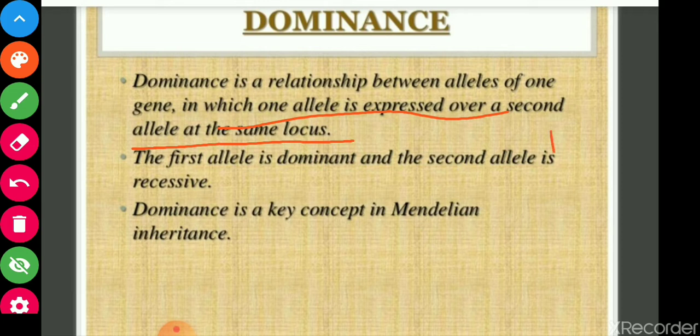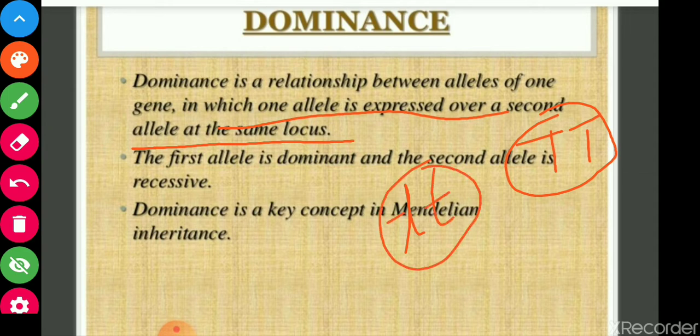where the tall plant having this genotypic combination is dominant over this type of gene combination.